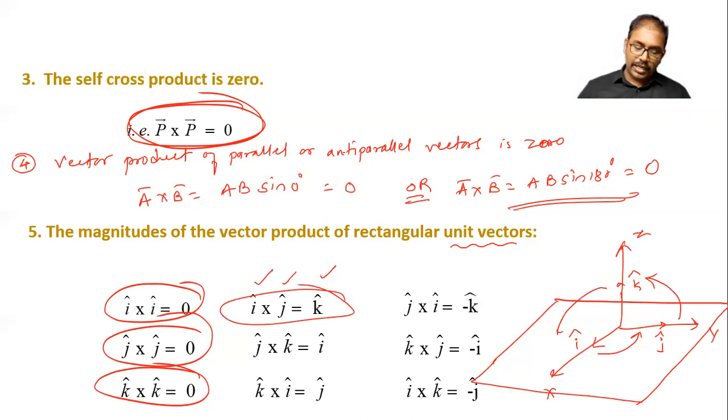Here you can see, let me show it by blue line. Here j to k, the fingers curl and the thumb is coming in downward direction, so it is minus I cap. Similarly, k cross j is minus I cap.